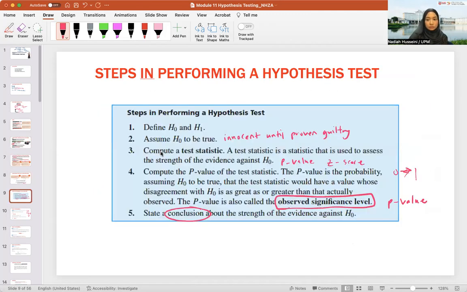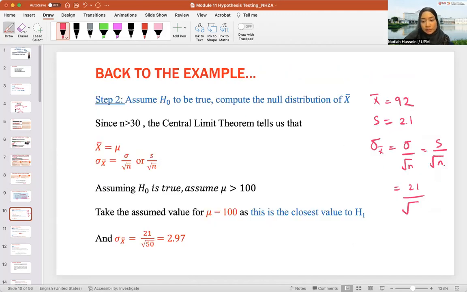Okay. So why are we calculating this? Because we are going to use the z-score and these values are important for the z-score. So you would get, okay, it's already here, 2.97. So you have your sample mean, and you have the standard deviation of the sample mean, which is 2.97.